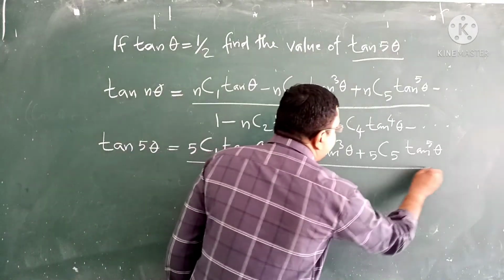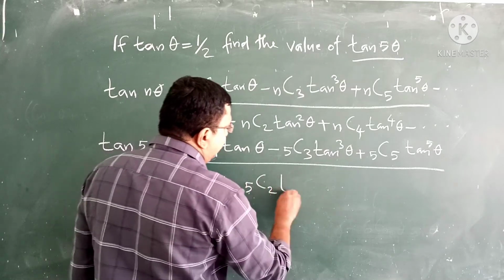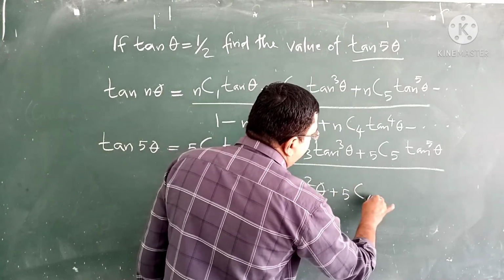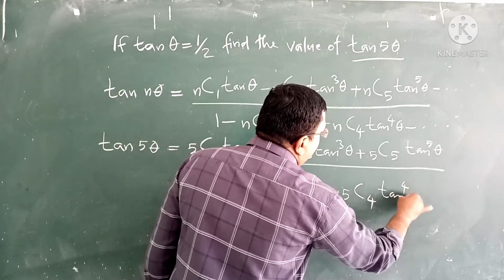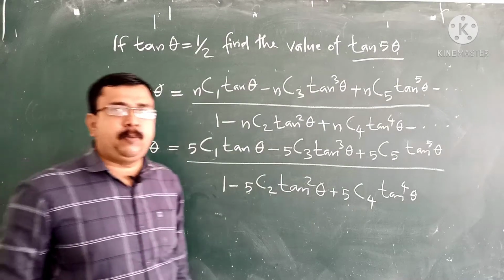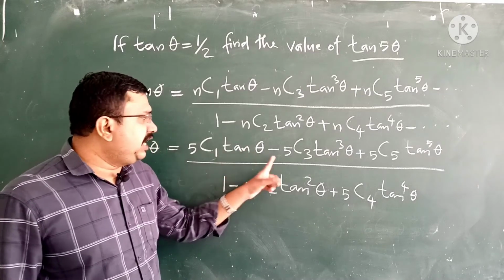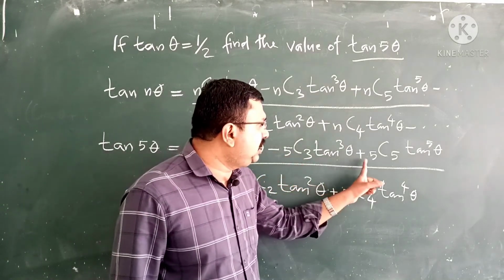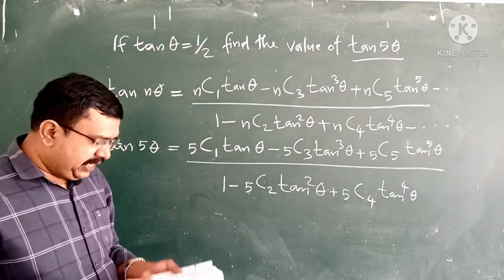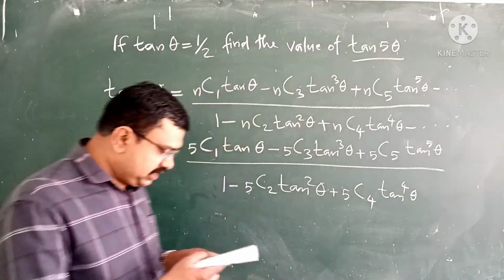Divided by 1 minus 5C2 tan square theta plus 5C4 tan raised to 4 theta. Next term is 5C6. That is not possible. Therefore, we get tan 5 theta is equal to 5C1 tan theta minus 5C3 tan cube theta plus 5C5 tan raised to 5 theta divided by 1 minus 5C2 tan square theta plus 5C4 tan raised to 4 theta.